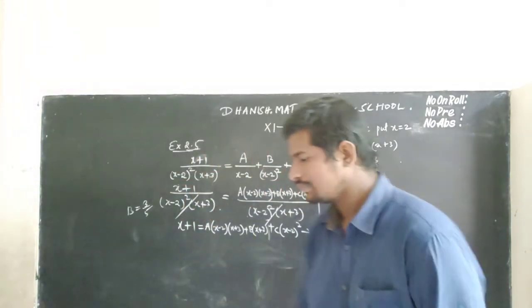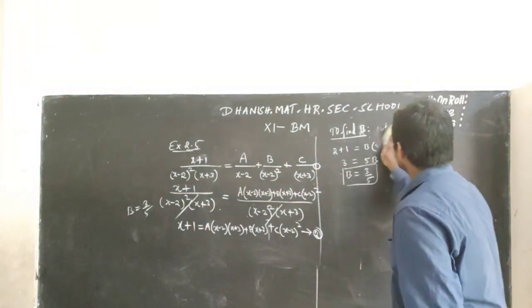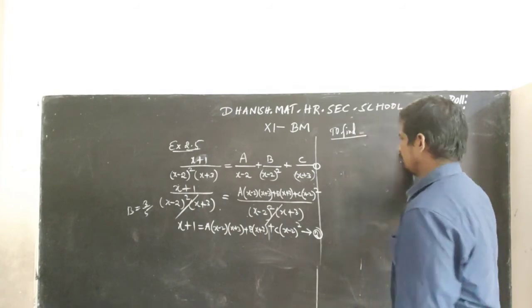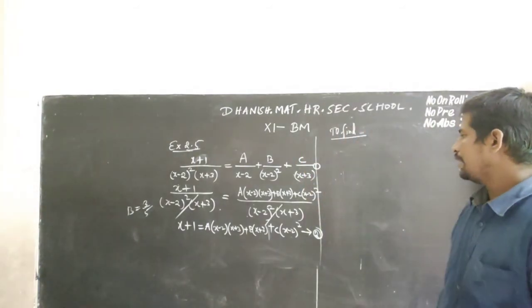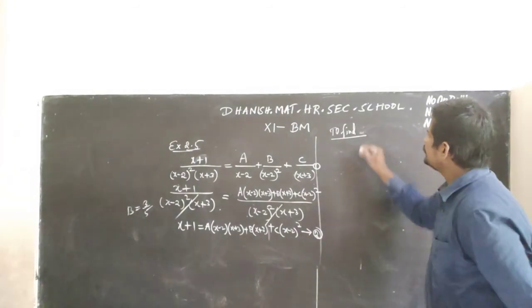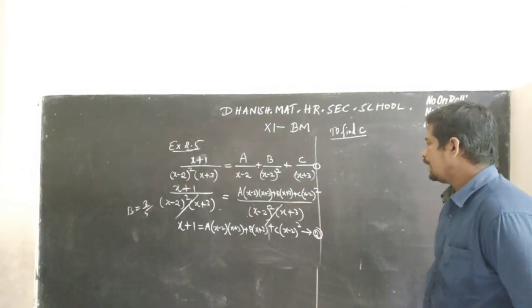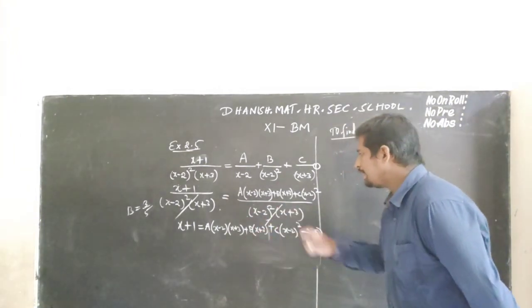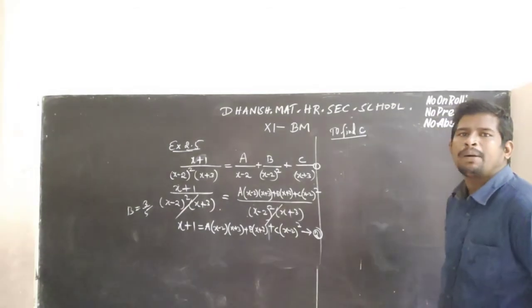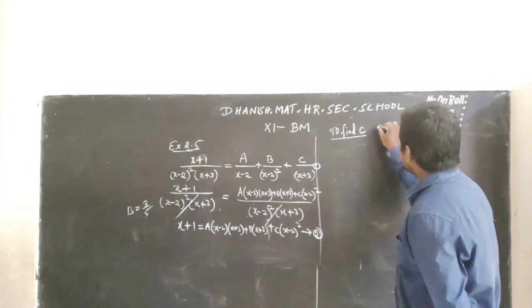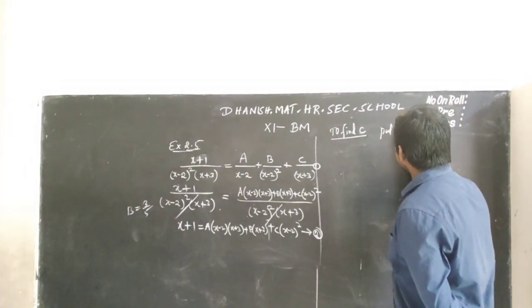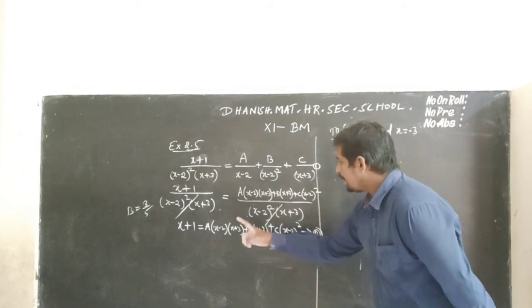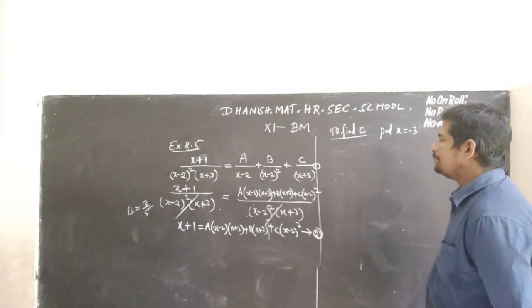Now we can find c. In order to find c, a and b terms should become 0. Look at the a and b terms. Here x plus 3 is the common factor. So I am going to put x as minus 3. If we put x as minus 3, a and b terms will become 0.